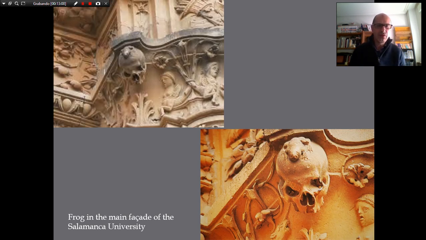And in one of the parts of this facade, what we can find is a school, and over this school we have a frog. The frog is a symbol of luxury. What happened, guys? At this time there were 6,000 students in the University of Salamanca.